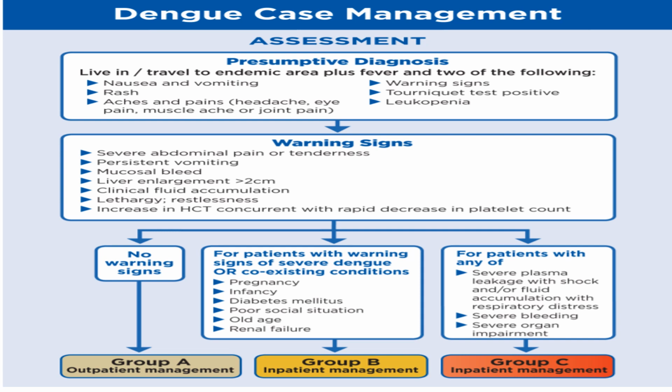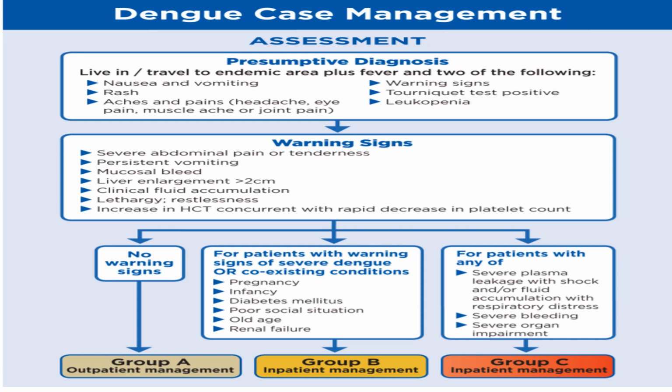If there are no warning signs, we manage as per group A management, which is the dengue fever management, which will be at the outpatient level. That is, the patient can be sent back home and managed at the OPD level.